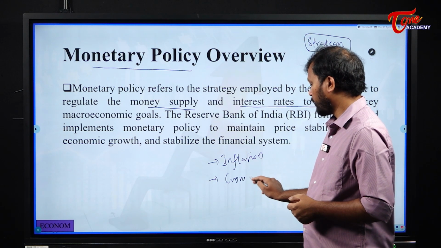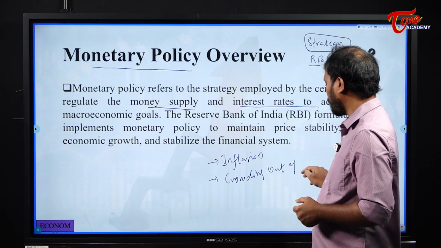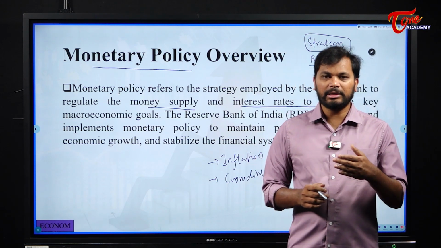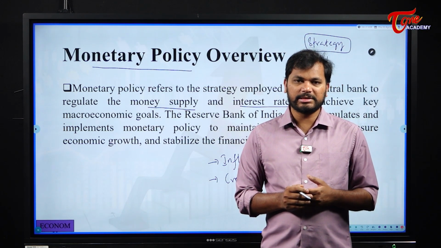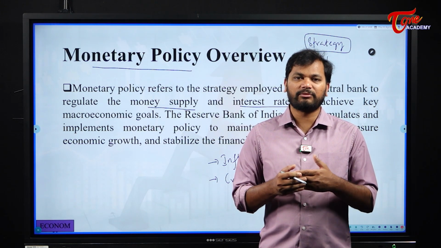The crowding out effect is nothing but because of the prevailing high interest rates in the market, the private players will not find the options of investment.